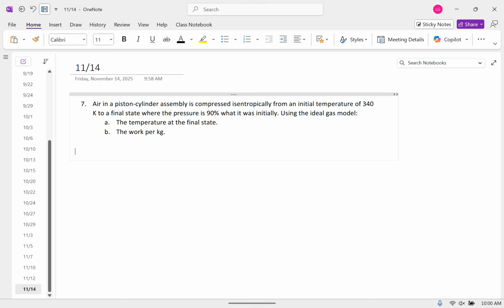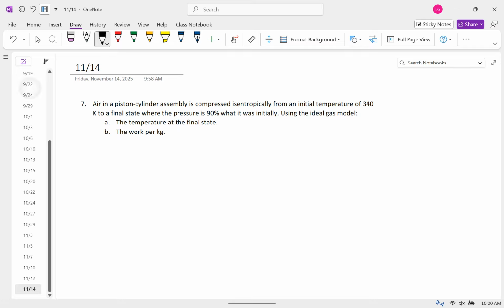Okay, so we have air. We're going to treat it as an ideal gas, and it's an isentropic process.